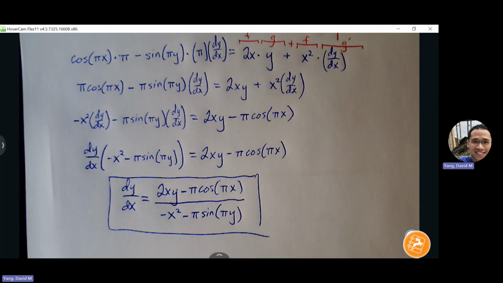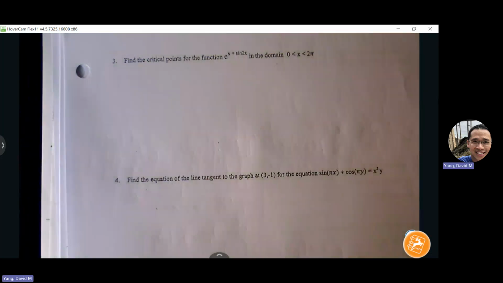Okay, so this is an example of topic 2 that you might see on the test involving product rule and implicit and trig derivative rules. Everybody okay?